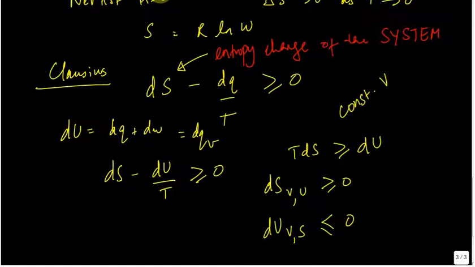The second one, it says that for a spontaneous process, the change in internal energy at those conditions, constant volume and entropy, should be less than 0. That's a very misleading way to think of it. If I do that, although you should remember that S is only the entropy of the system. It does not include the entropy of the surroundings.